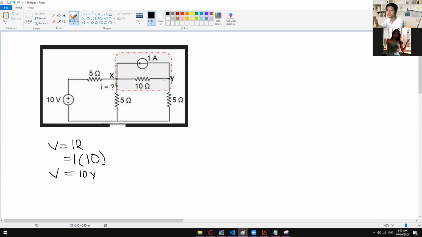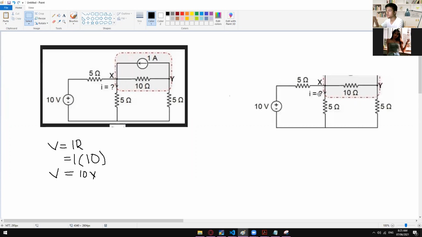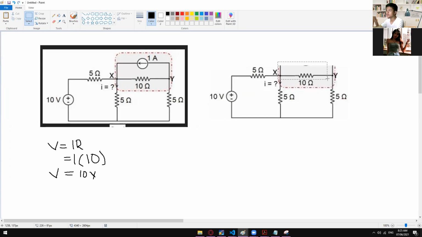So if we are going to transform this one into a voltage source, let me just get this one, and let me delete this one, and delete this one, delete that part. Okay, so we are going to put the voltage source right here, and then the resistance.